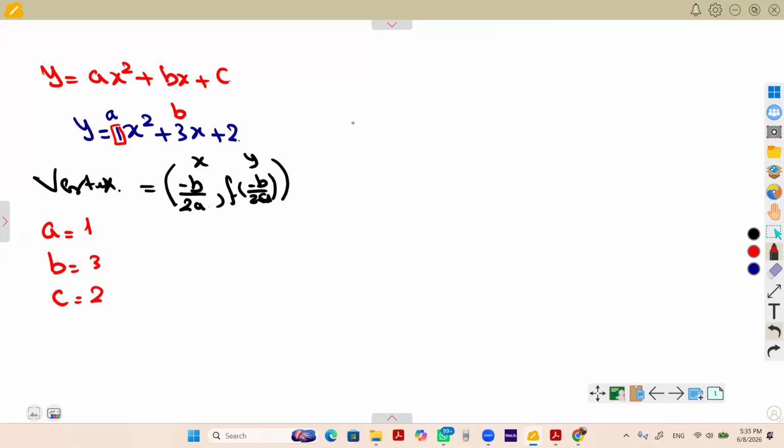Then to get x, which is the line of symmetry or the x coordinate of the vertex, it's negative b over 2a, which is negative 3 over 2 times 1, which is negative 3 over 2, meaning negative 1.5.